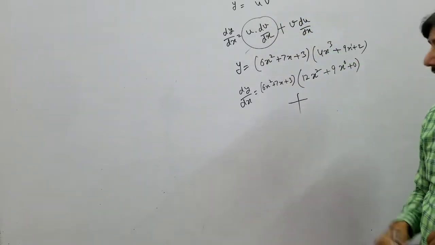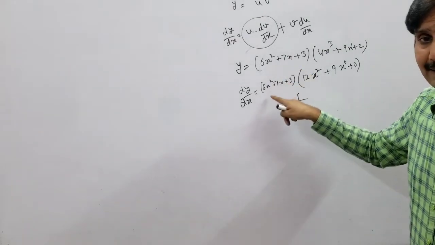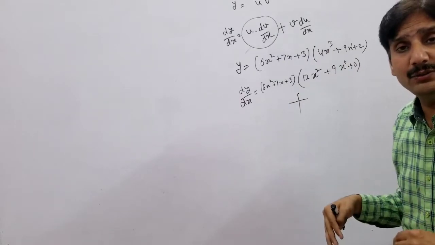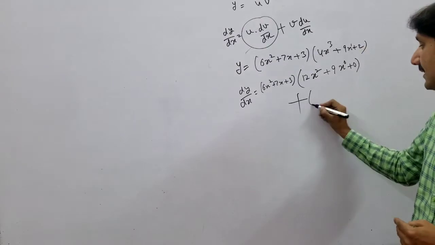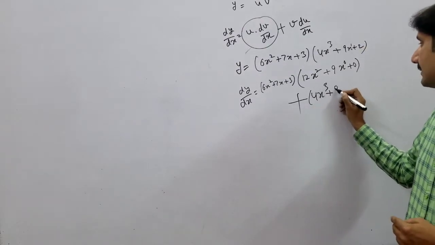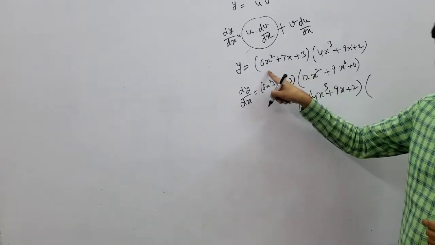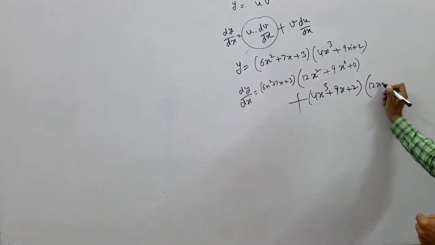Plus, earlier I wrote down the first bracket as such and differentiated the second bracket. Now what will I do? I'll write down the second bracket as such, 4x cubed plus 9x plus 2, and differentiate the first bracket now. The first bracket, 6 into 2 is 12x raised to the power 1.